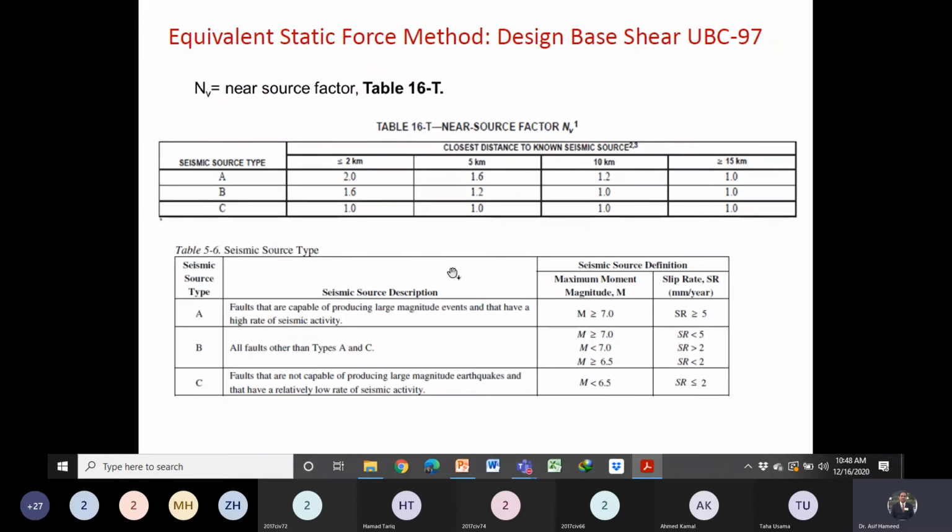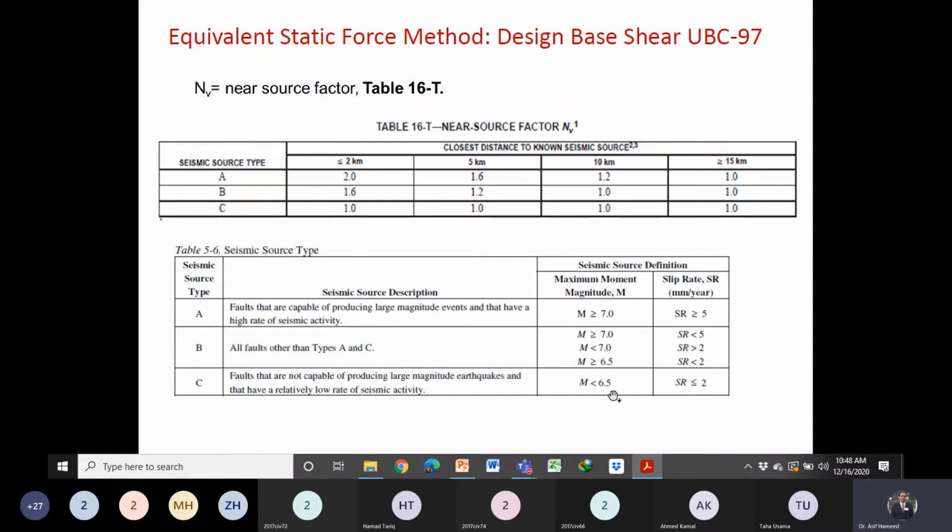And for seismic zone 4, we have to use the near source factor, if the epicenter is near to the site. These are the seismic source types. It depends on the magnitude of the earthquake on the Richter scale and the slip rate, that is millimeter per year. For example, type C faults are those not capable of producing large magnitude.